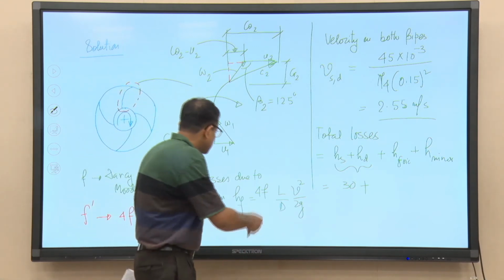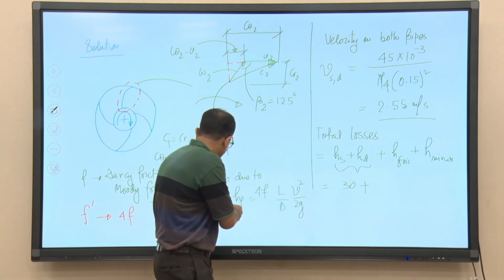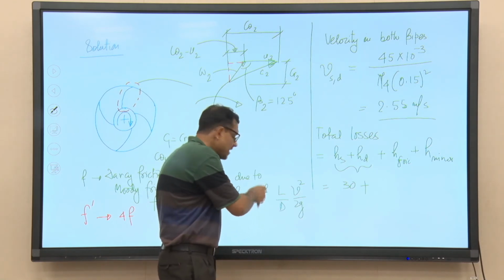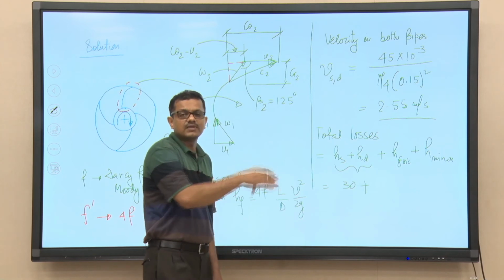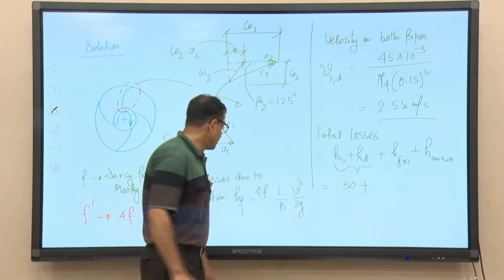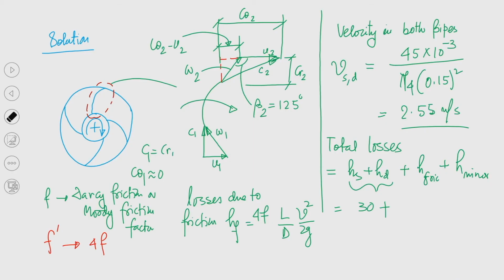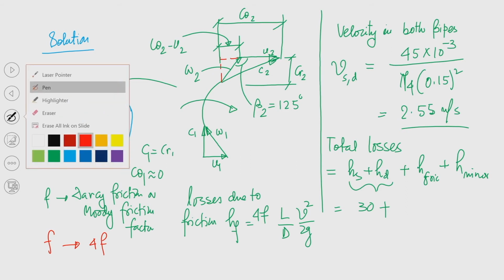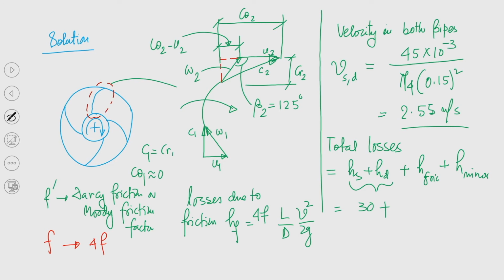So, instead of calculating the head loss due to friction by F only, which is sometimes known as the fanning friction coefficient, I can give it as F prime.